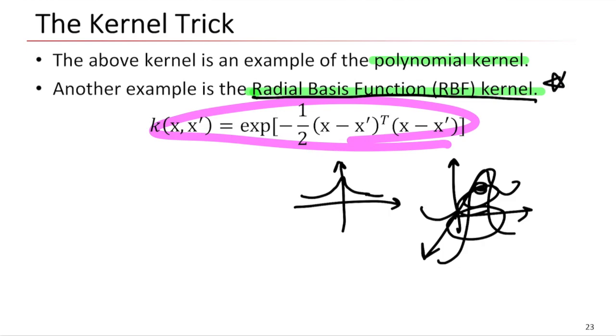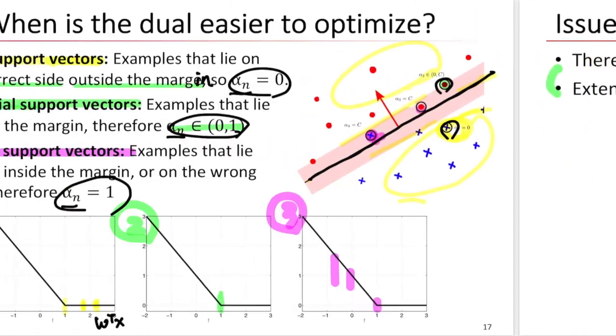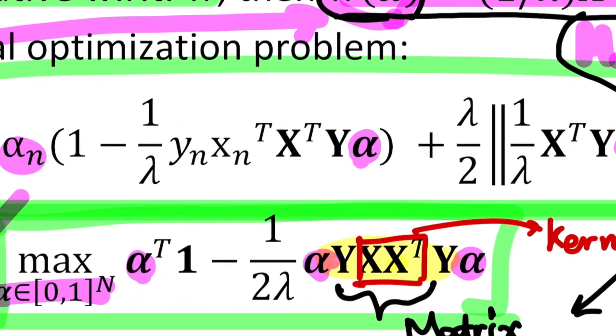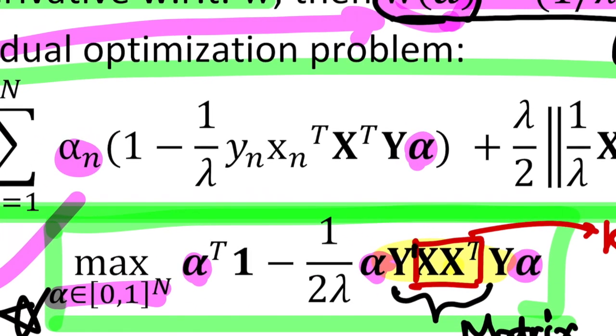So what does it mean? If we go back to the SVM case, here this is just a linear kernel, right?